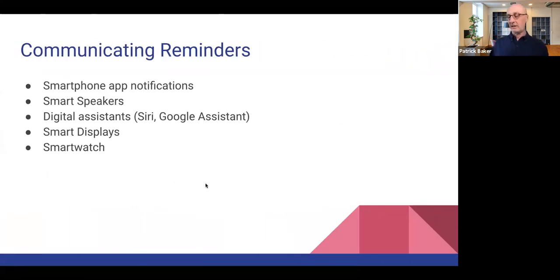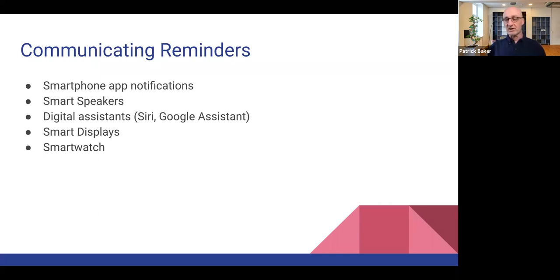Anyhow, so how do we communicate these reminders to the older person in the home? Certainly, we can rely on smartphone notifications, which are only good when you've got the device sitting right in front of you, right? So having something like a smart speaker that announces a reminder for whatever the activity is, that's definitely a useful option.